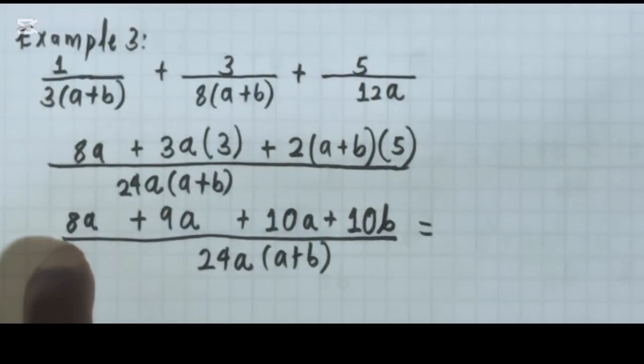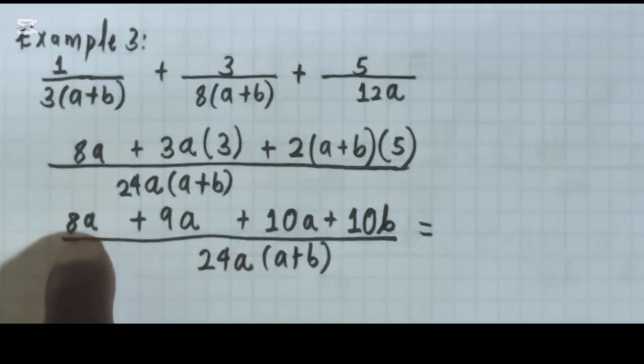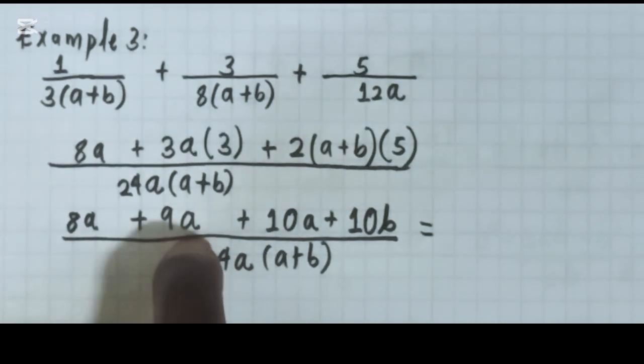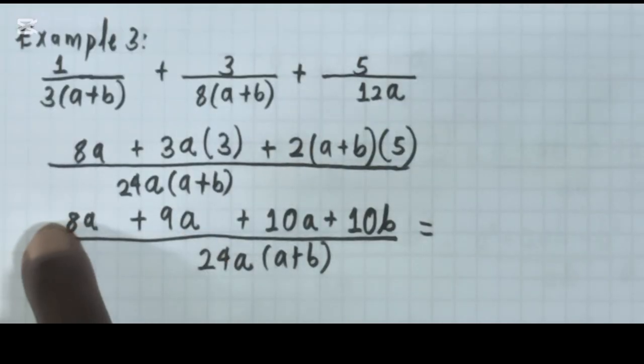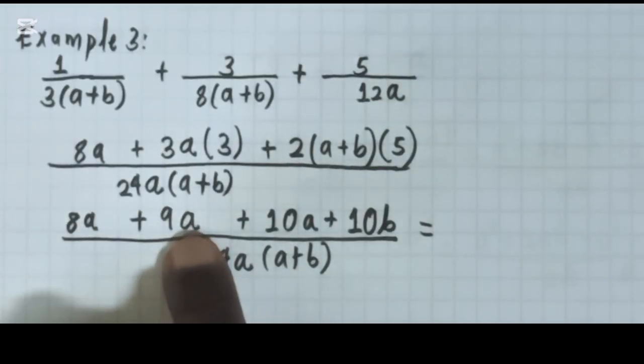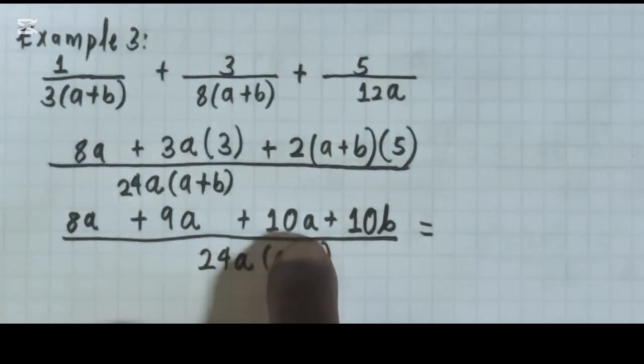So 8a plus 9a will give us 17a. Then 17a plus 10a will give us 27a.